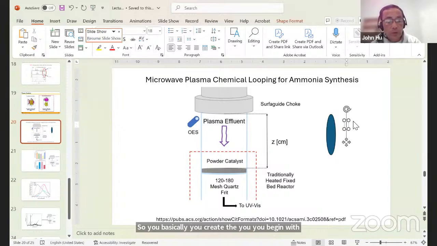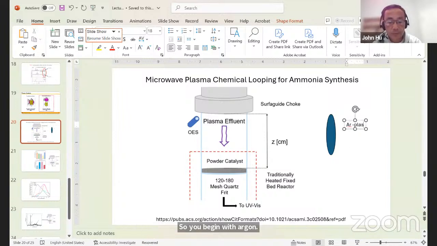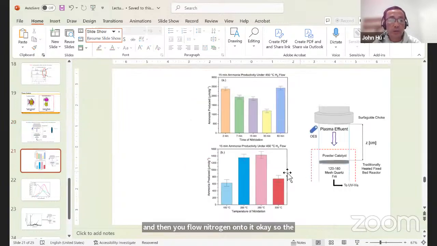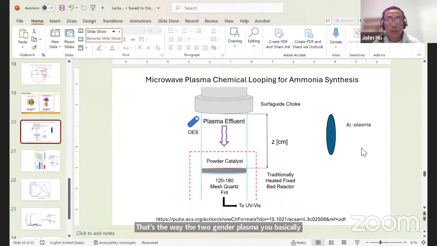You begin with argon plasma, and then you flow nitrogen onto it. That's the way to generate plasma: you use the plasma from argon to ionize nitrogen.